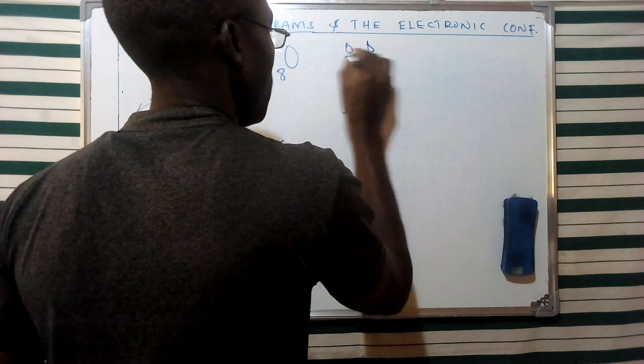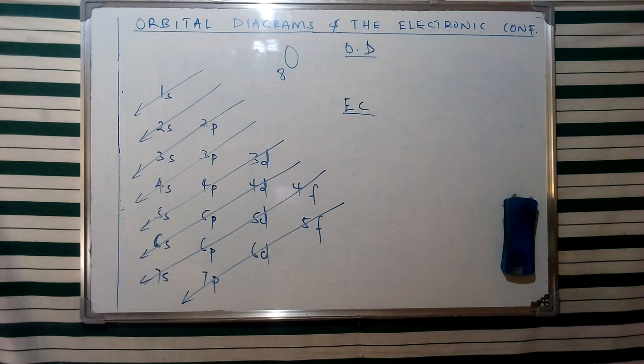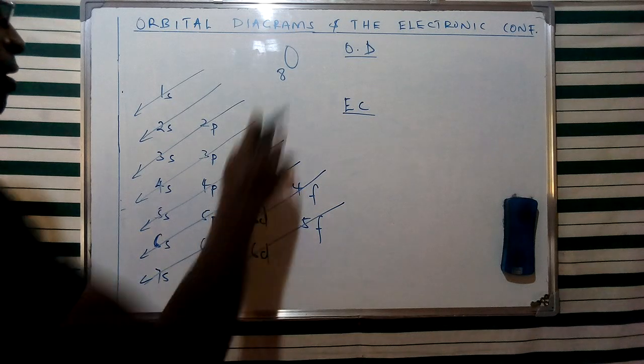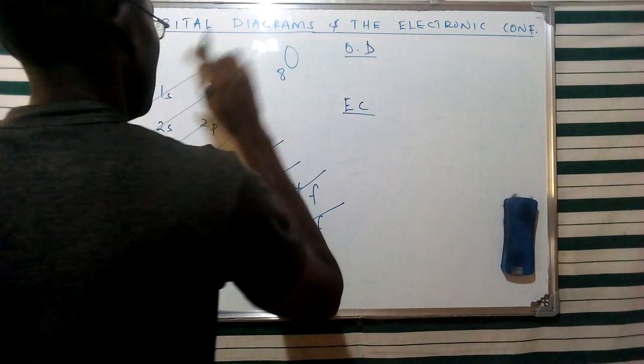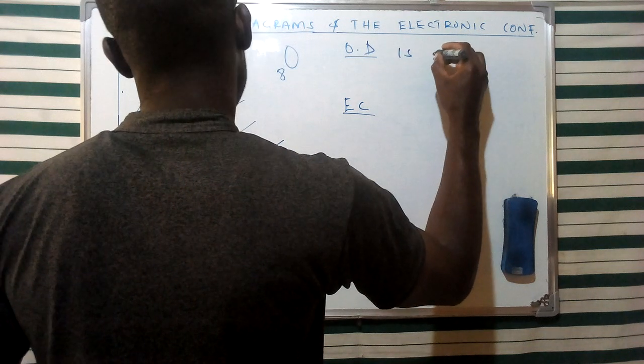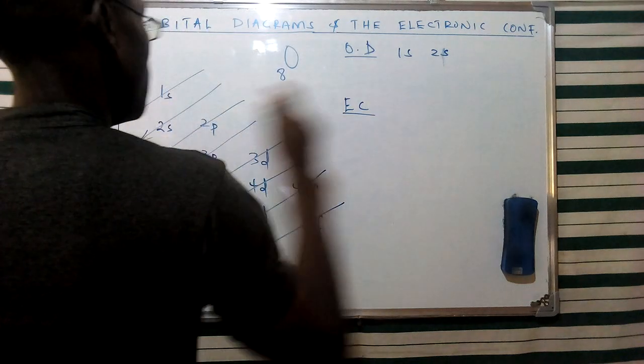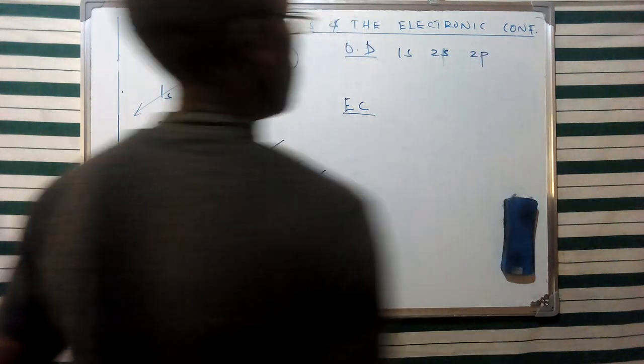Now the difference between the two is that the orbital diagram is going to particularly show what we call their specific spins, whereby for oxygen, which is arranged in this particular order, we are going to have the 1s orbital followed by the 2s in terms of energy, and then we're going to have the 2p orbital given as such.